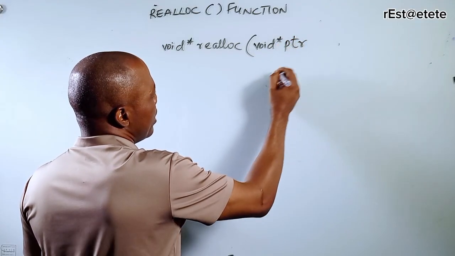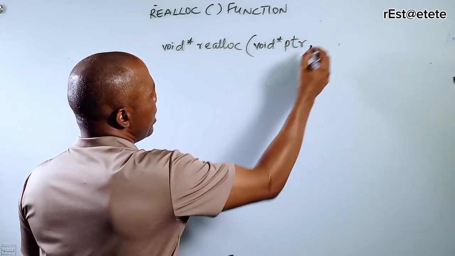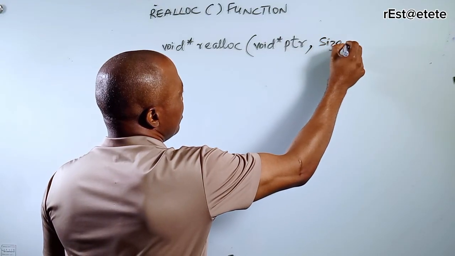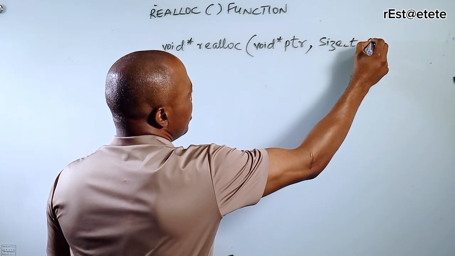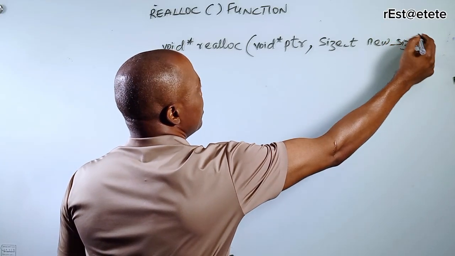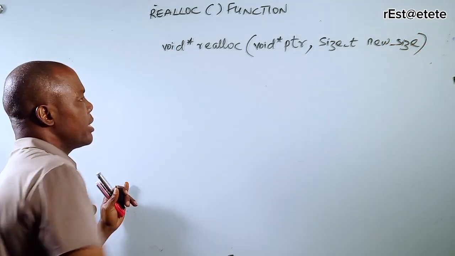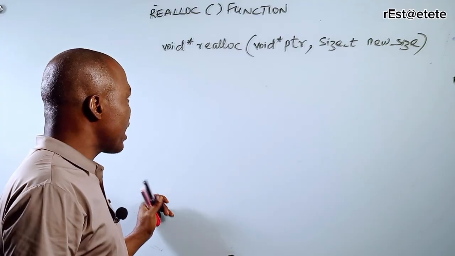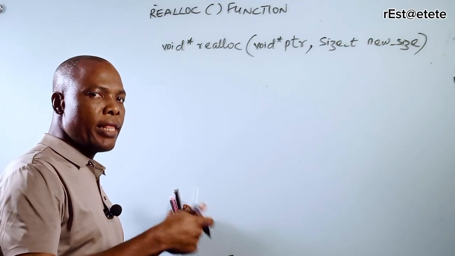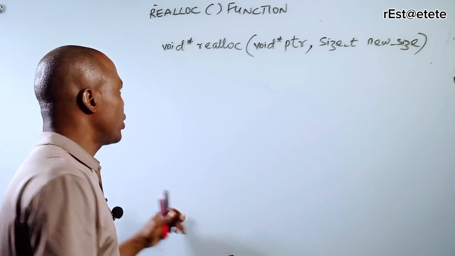The initial pointer, that is the original pointer, comma, size_t new_size, right? This is just the syntax. So this is the syntax for realloc. Now I'm going to write that malloc line and then show you how you use realloc to change it.